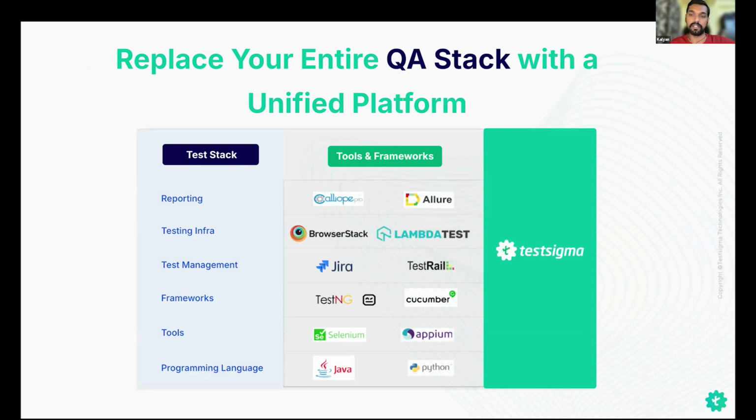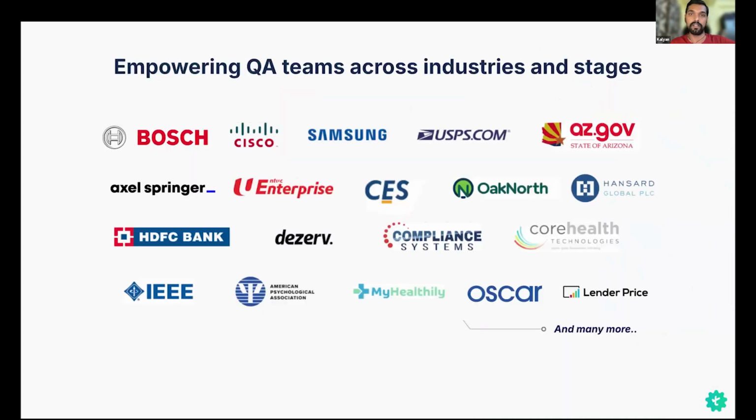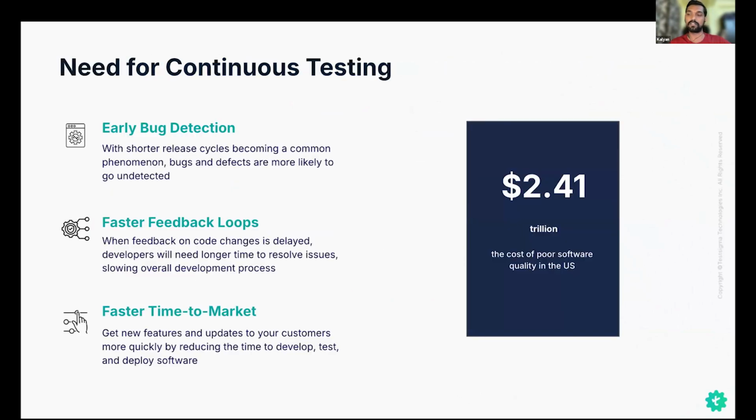I was mentioning earlier, we cater to about 10,000 teams across industries and stages. Some of the big names that you see here are customers like Bosch, Samsung, Oscar Health, and IEEE. So that's a little bit about Testsigma. Now getting into the meat of the webinar itself, which is about the need for continuous testing.